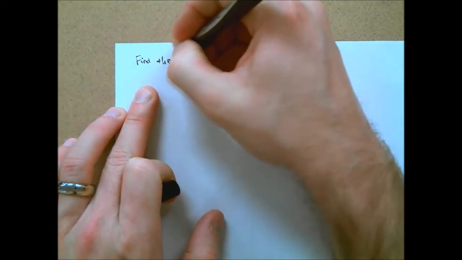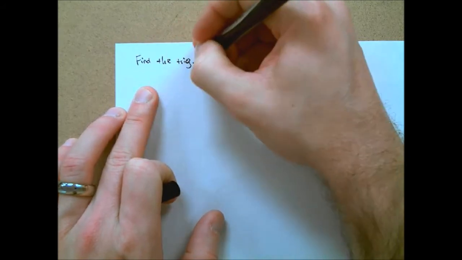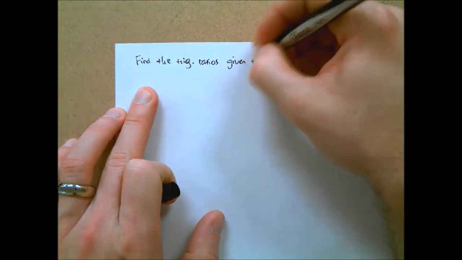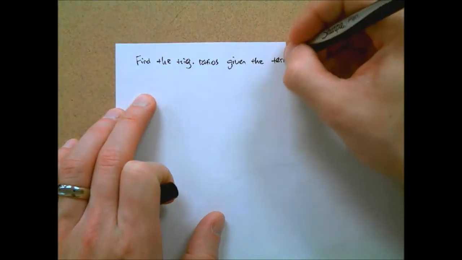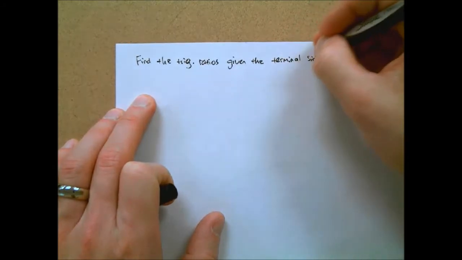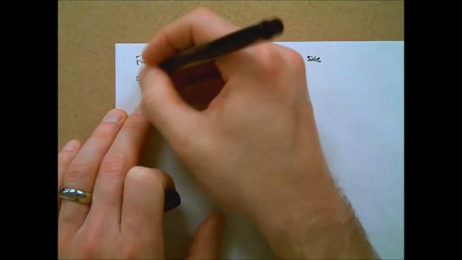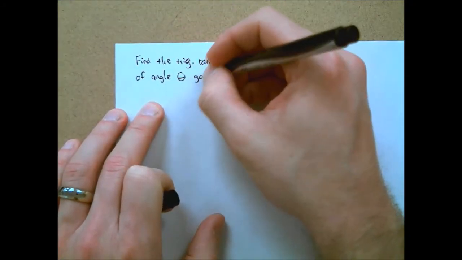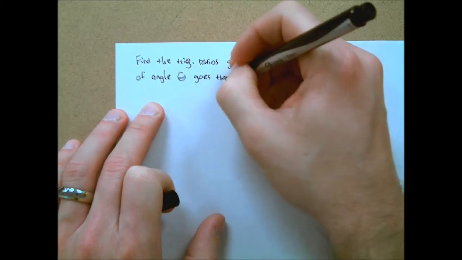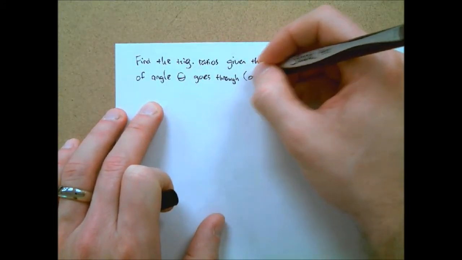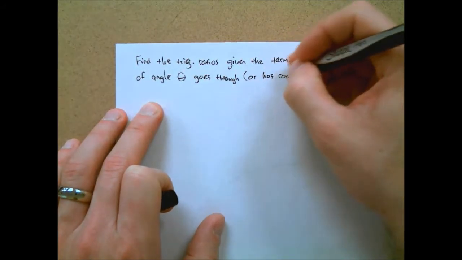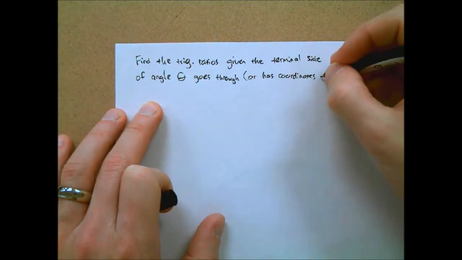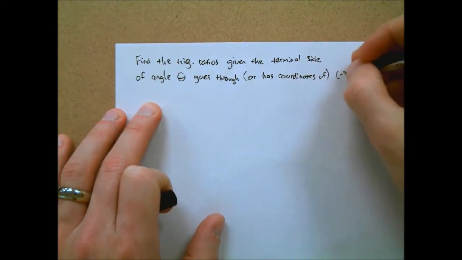Find the trig ratios given the terminal side of angle theta goes through, or you might see the words something like, or has coordinates of the point -3, 4.